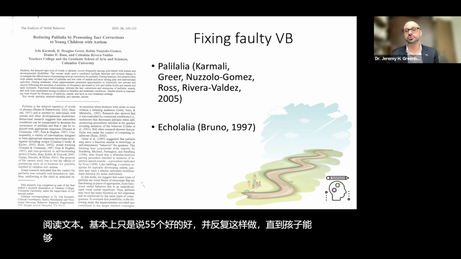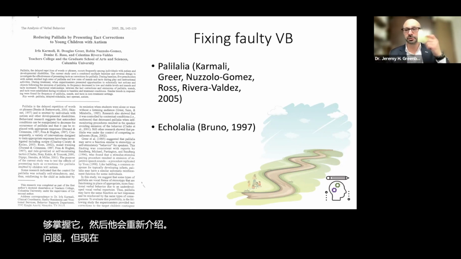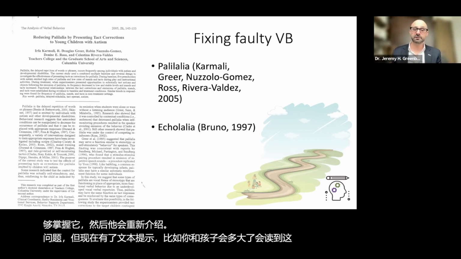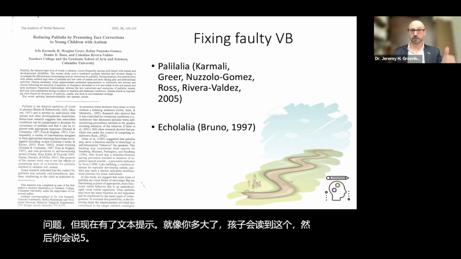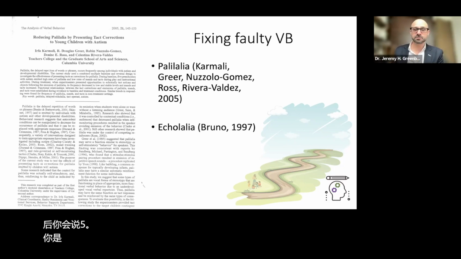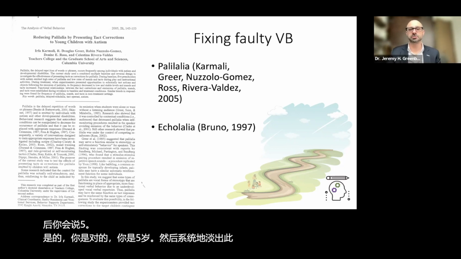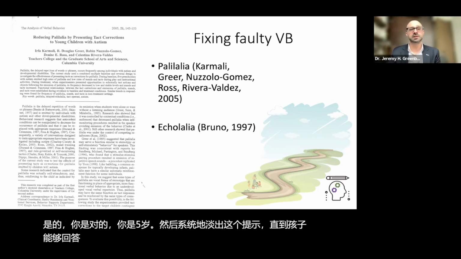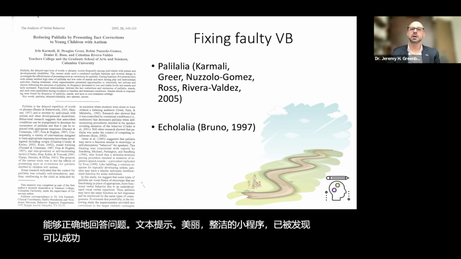And then he would reintroduce the question, but now with the textual prompt, like, how old are you? And the child would read this and say five. Yay, you're right, you're five. And then fade out this prompt systematically over time until the child is able to answer the question appropriately. Textual prompting, beautiful, neat little procedure that has been found to successfully treat that pesky echolalic behavior.